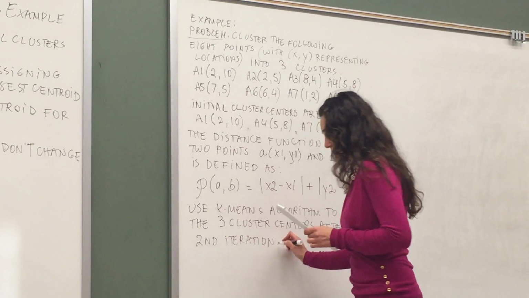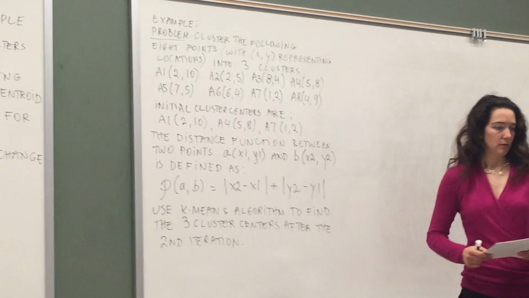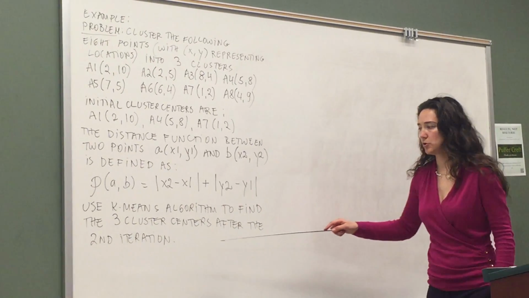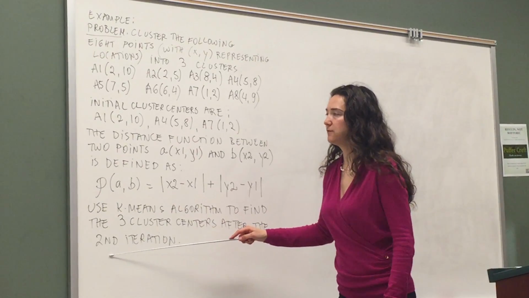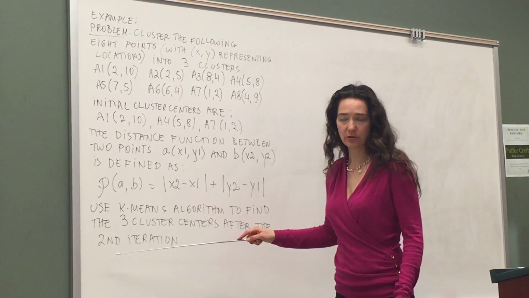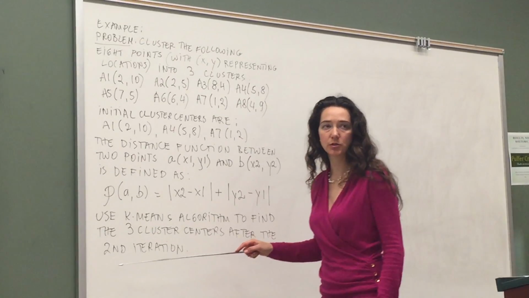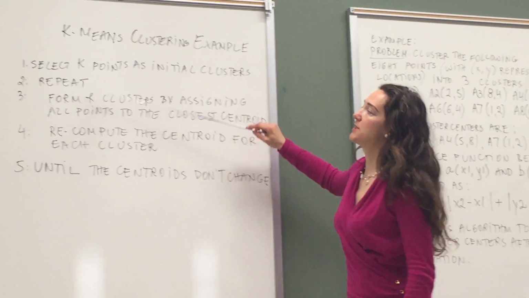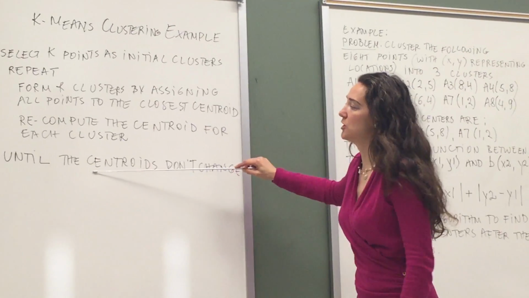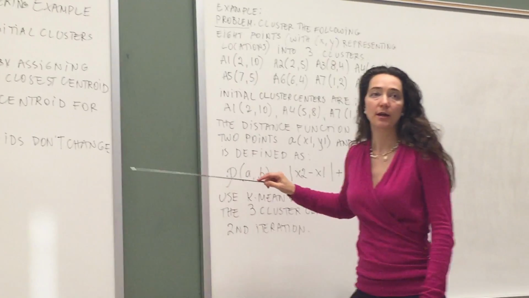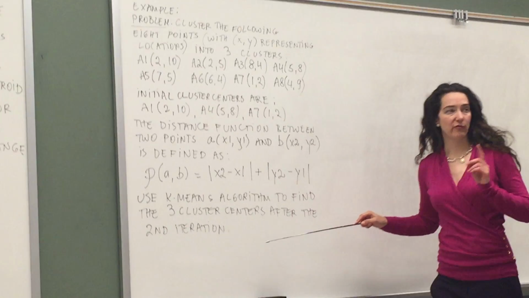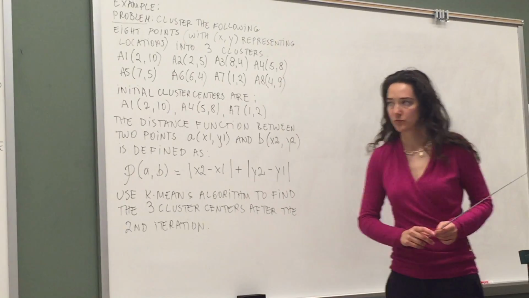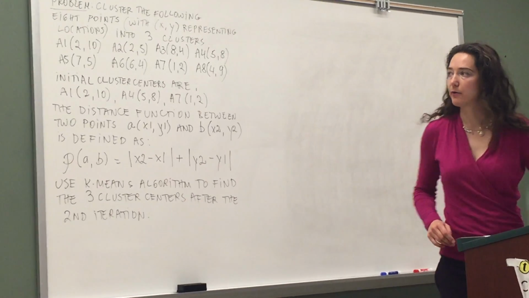Now, they're being very nice to us in this problem because they say, just give me the centers after the second iteration, because normally for this algorithm you have to keep repeating, with as many iterations as necessary until the centers don't change. In this case, they just told us to do the first two and that's it. So that's much easier for us. So let's see how we are going to do that.